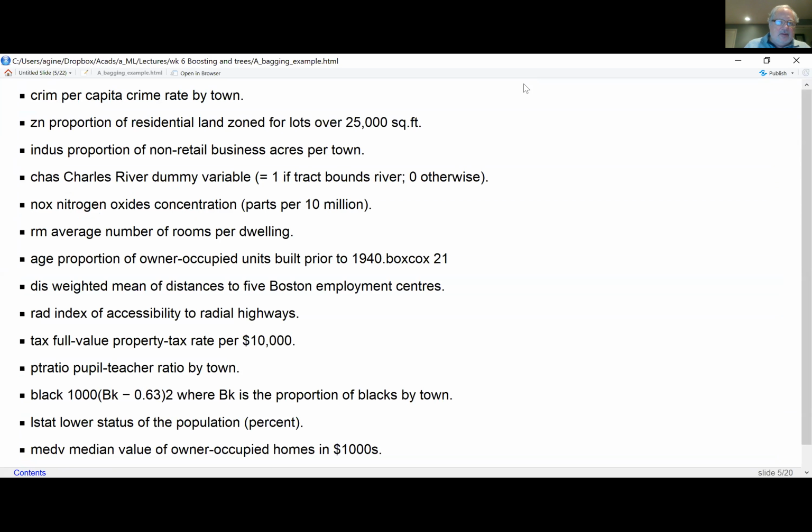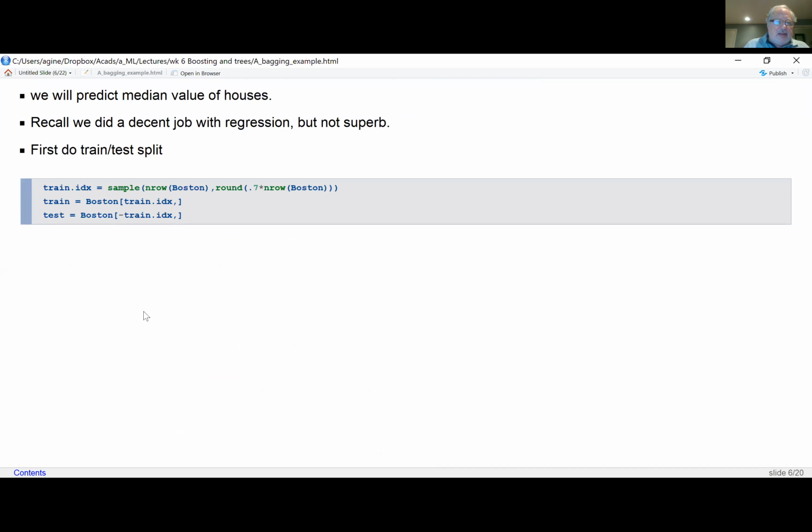You have the crime per capita, the proportion of residential lots zoned for lots over 25,000 square feet, and a dummy variable for whether you're near the Charles River. I don't want to waste our time going over these. If you're curious, this file has been uploaded and you can read them. But there's a bunch of different numbers that relate to how you might value a property, and we want to predict the median value of houses.